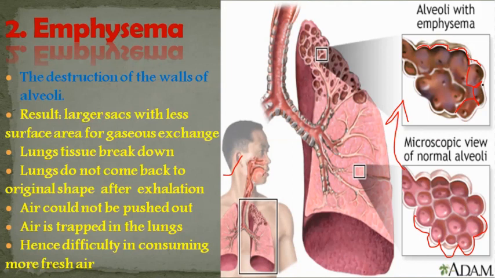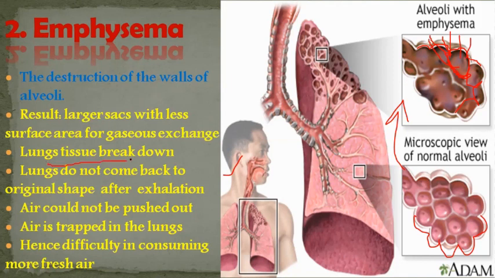Actually, this will not increase the surface area, but will decrease the surface area for the gases, because here arteries and veins are just gathering around this alveolus. The wall is destroyed, so there are no capillaries here, so no gases can be exchanged. Like that, the surface area of the alveoli gets decreased.